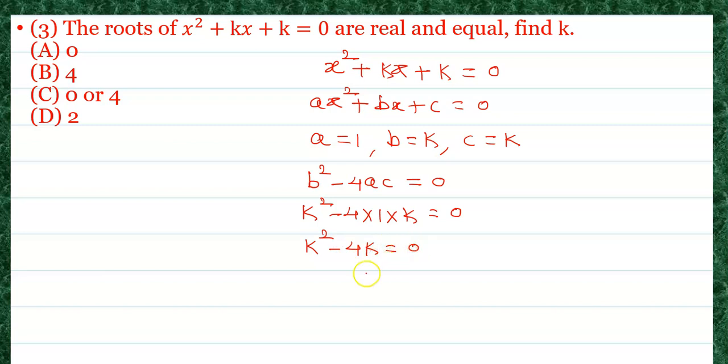Take k as common and in the bracket you will get k minus 4 is equal to 0, and therefore k is 0, or k minus 4 is equal to 0, which means k is equal to 4. Therefore option C is the correct one here. Now we'll see the next question.